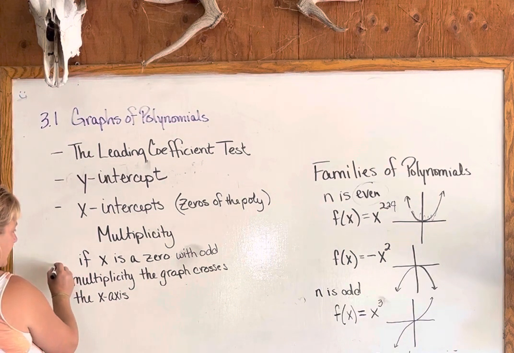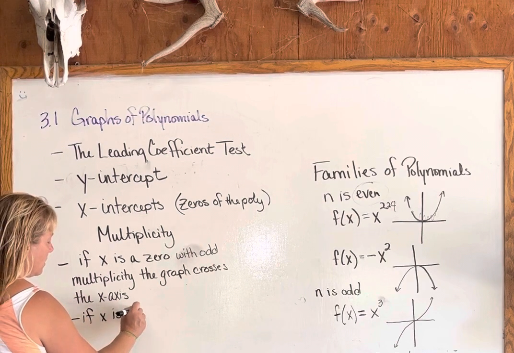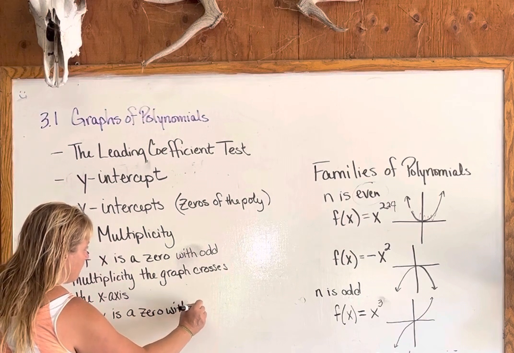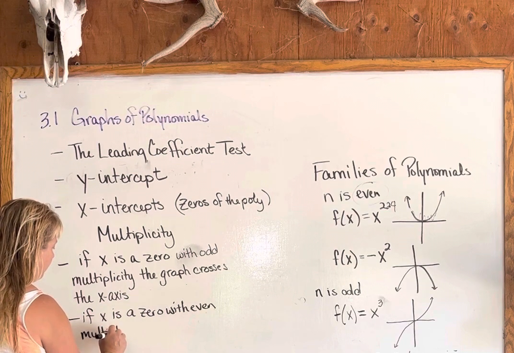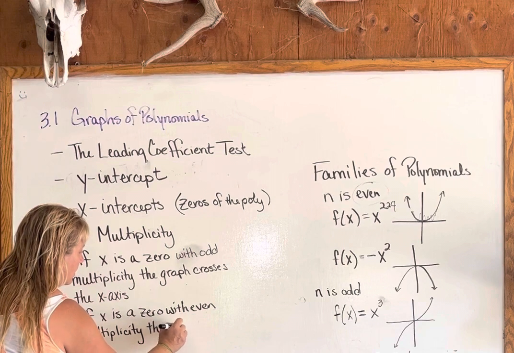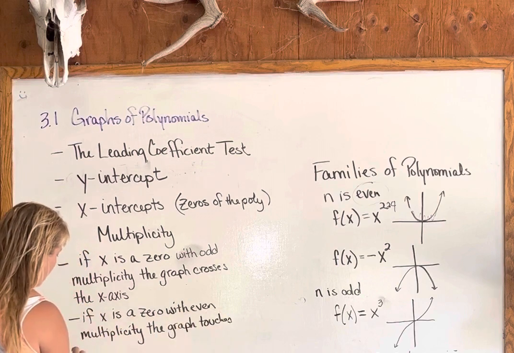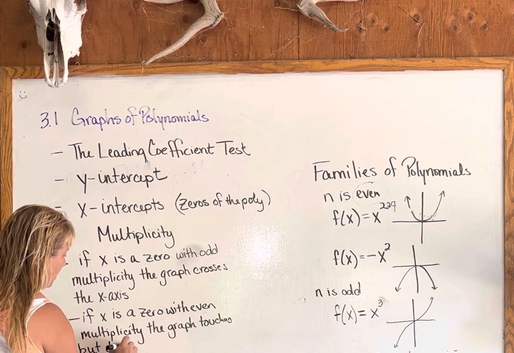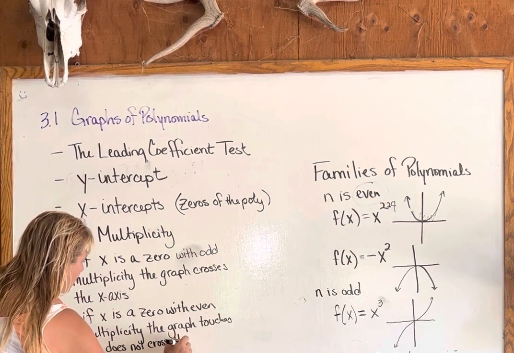It's the other one that we need to see. So if x is a 0 with even multiplicity, the graph touches but does not cross the x-axis.